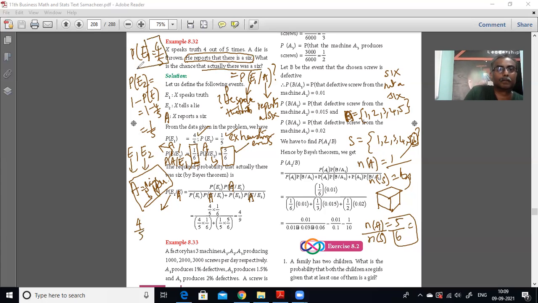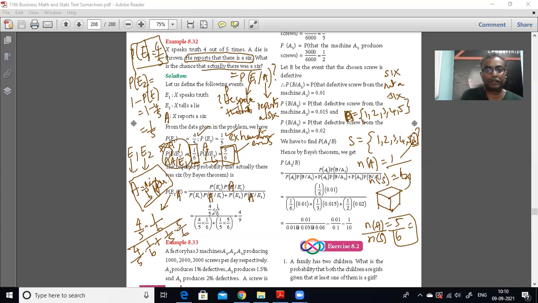P of A given E1 is 1 by 6. Now divided by sigma. Sigma is the same thing, no? For the first one, P of Ei into P of A given E1, plus P of the other one, E2. P of E2 is 1 by 5, and P of A given E2 is 5 by 6. That is what he is doing.